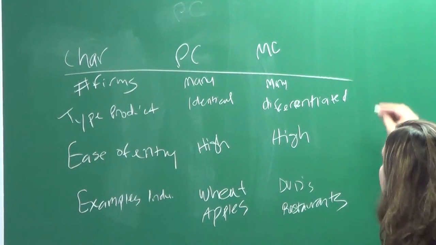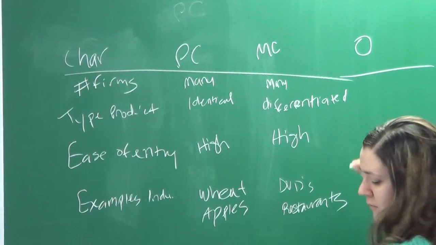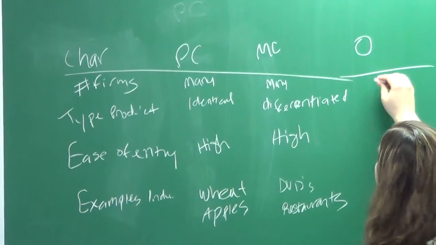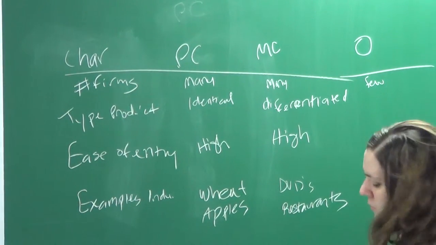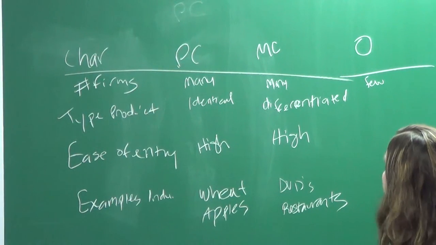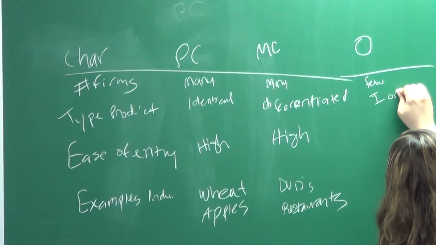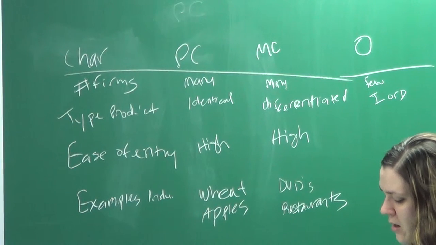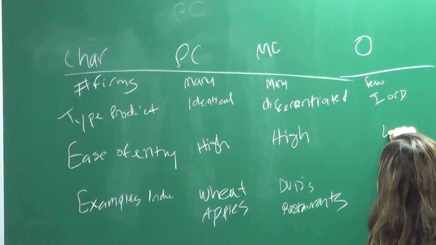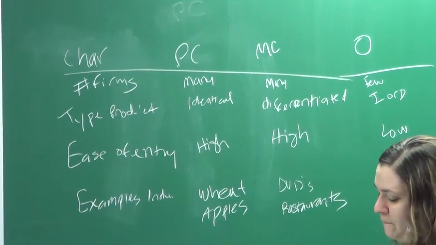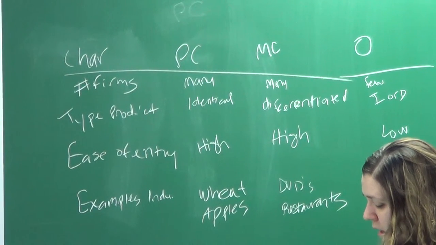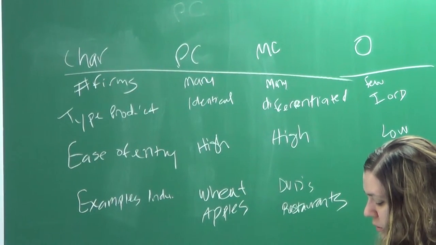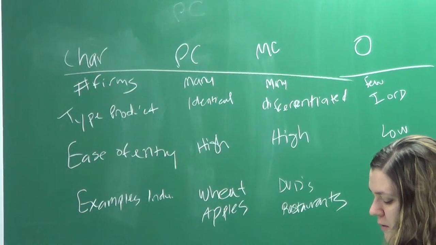Okay. With an oligopoly, there are only a few firms. Identical or differentiated. Ease of entry is low, so it's a little harder to get in or get started. And then examples of industries are manufacturing, computers, and also automobiles.